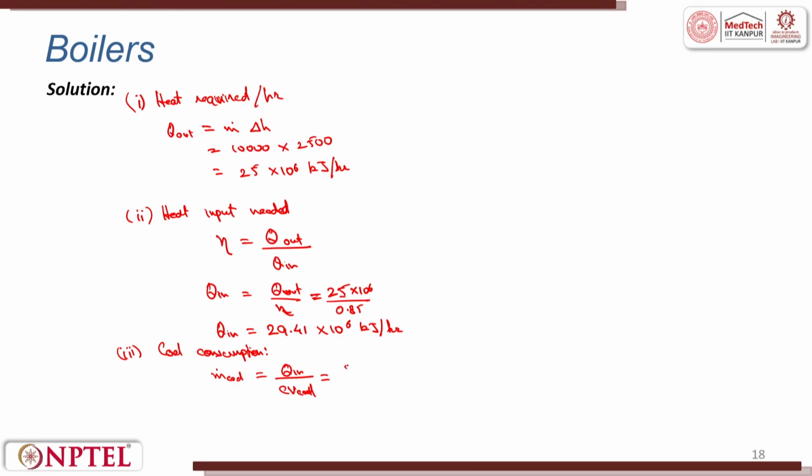Heat input we have calculated as 29.41 × 10^6, and calorific value is given as 30,000 kilojoules per kg. Therefore, we get the mass of coal required, that is coal consumption rate here, as 980.33 kilograms of coal per hour.